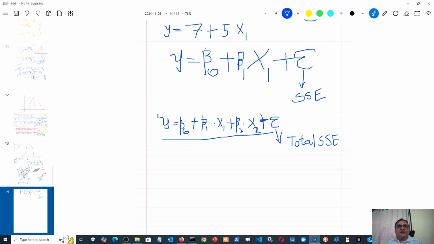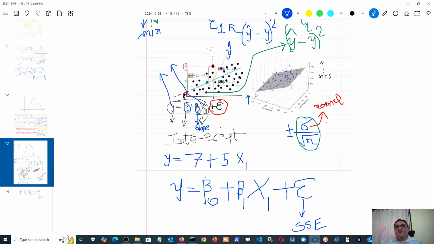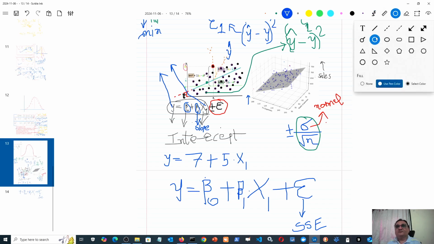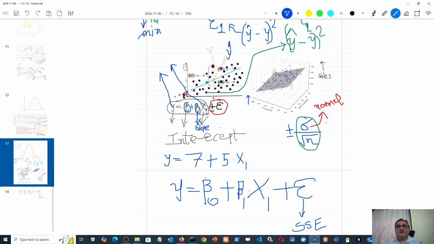At that moment, this is now a two-dimensional case, so there will not be a line of best fit, but there will be a plane of best fit. On this axis there is y, on this axis there is x1, the first independent variable, and on this axis there is x2, the second independent variable, correct?